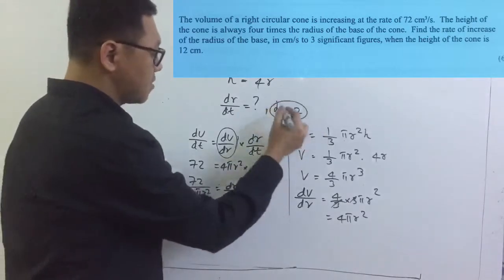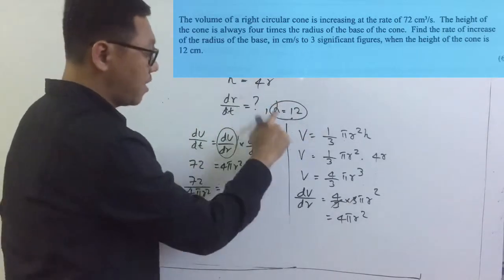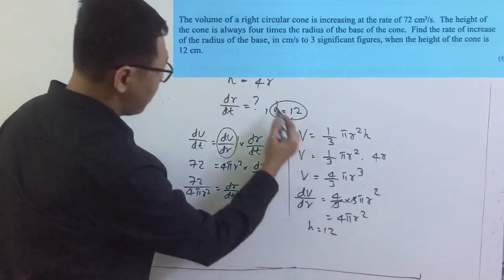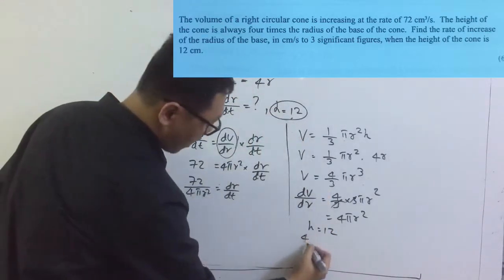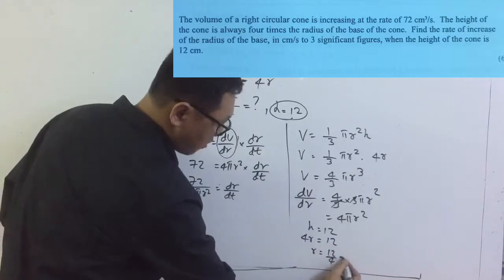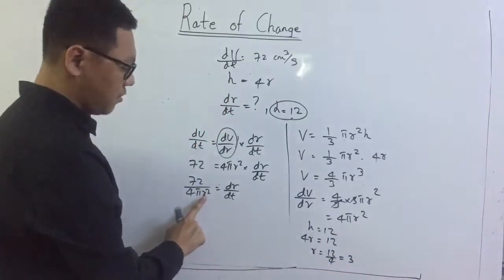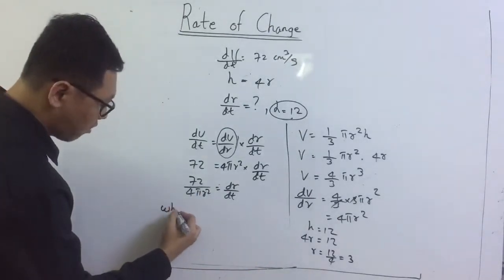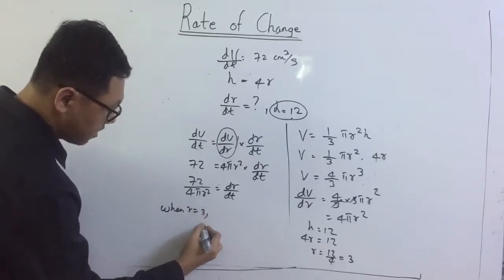Now we have only h, so we have to change it to r. So I'm going to write this down first. h is equal to 12, and h is the same as 4r. So r is equal to 12 by 4, which is equal to 3. Now we know the value of r, right?